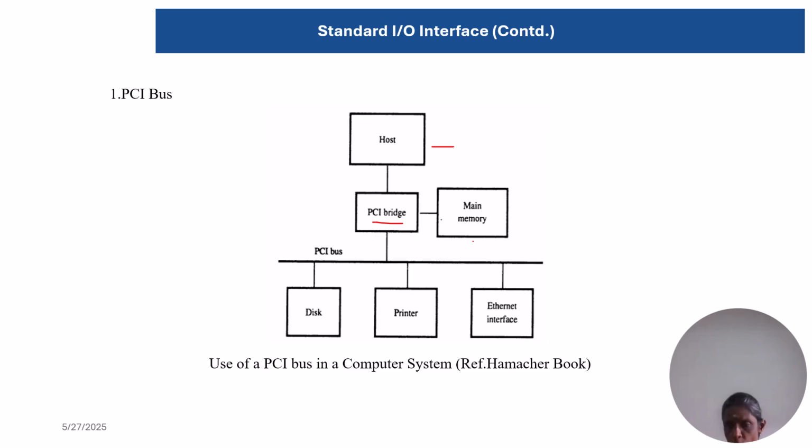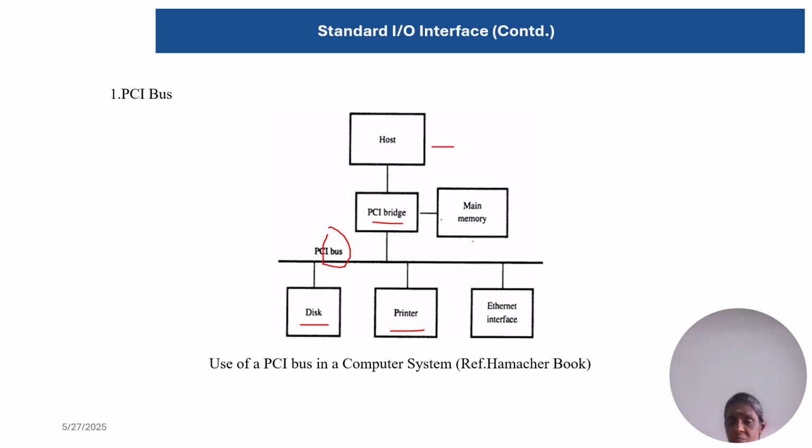and the host computer. So at the other end, we can have I/O devices, namely disk, printer, Ethernet interface. So the host computer through the PCI bus will be connected to disk, printer, Ethernet interface, and so on.